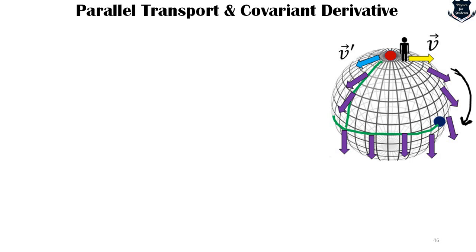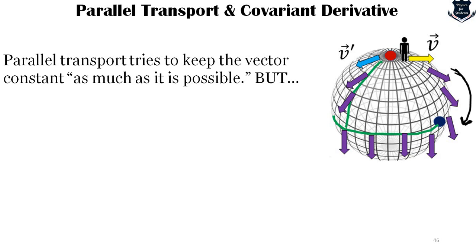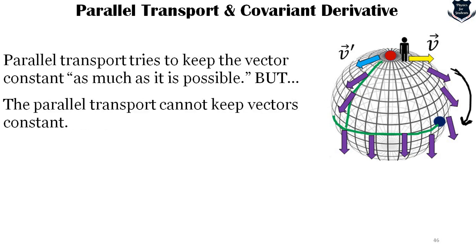Right. So when we parallelly transport the vector, we are trying to keep the vector constant as much as possible, but unfortunately we are unable to do that. So parallel transport cannot keep vectors constant, and here we introduce a new concept which is called a covariant derivative. Just note that it is a derivative. Ordinary derivatives commute, but in a curved space they do not, and we use the term covariant because at the end of the day we want to find something which covaries.